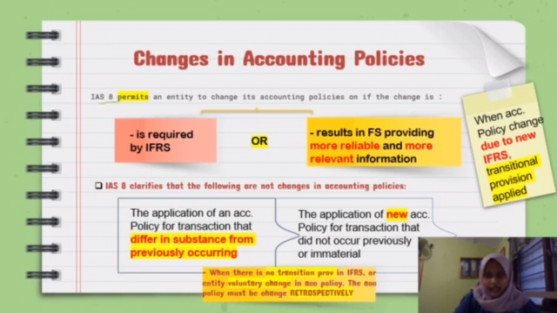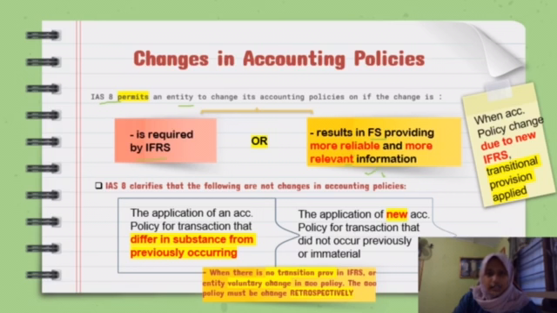IAS 8 permits an entity to change its accounting policies only if it is required by IFRS itself, or if it results in financial statements providing more reliable and more relevant information. This point here means the entity is voluntarily changing the accounting policies.